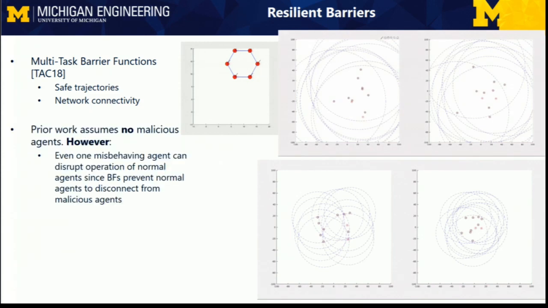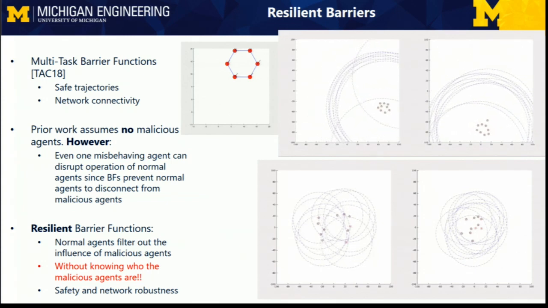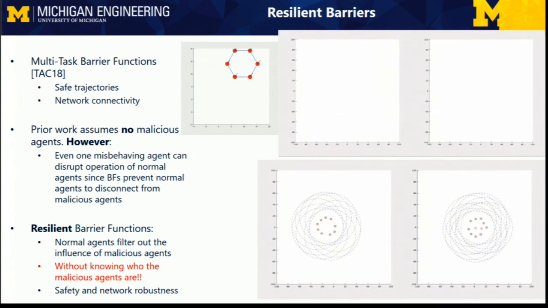If you have disk-based models, where I am connected to those agents that are within delta distance of myself, then the robustness maintenance problem boils down to something very similar to the connectivity maintenance problem. So you want to make sure that you will not break links with sufficiently many of your neighbors.